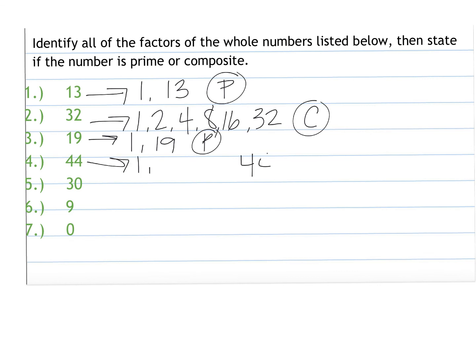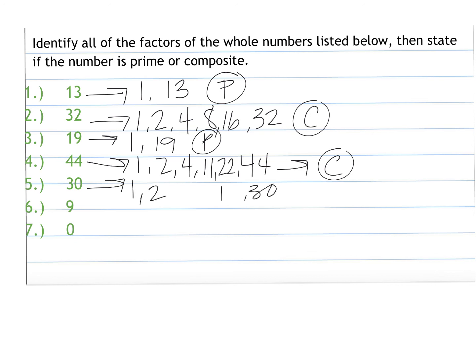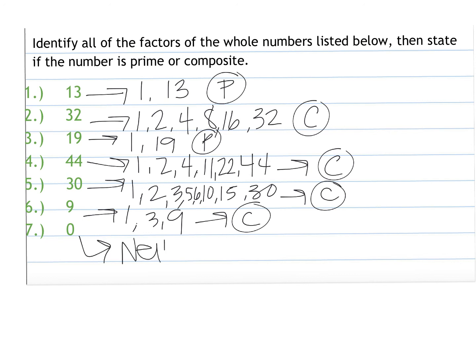44: 1, 44, 2, 22, not 3, and I know 4 and 11, and then that is all we have, so that's way more than 2, so it's composite. 30, I already know is going to be composite because it's even. 1 and 30, 2 and 15, 3 and 10, not 4, but then we have 5 and 6. 9 is 1, 3 and 9, so that's composite. 0, remember, is neither.